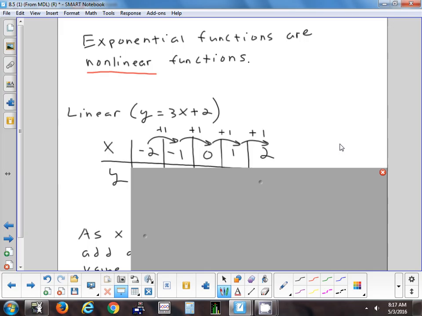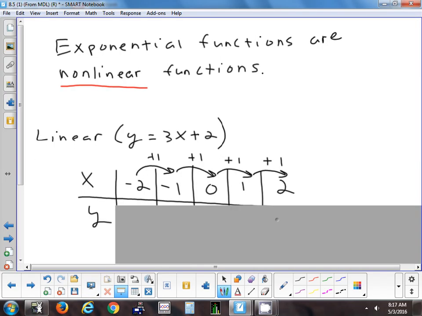So now let's look at our y values. Okay, what I'm going to do is plug each one of these in one at a time. And I'm just going to make a table, just like I was graphing. Okay? What's 3 times -2? -6. And what's -6 plus 2?